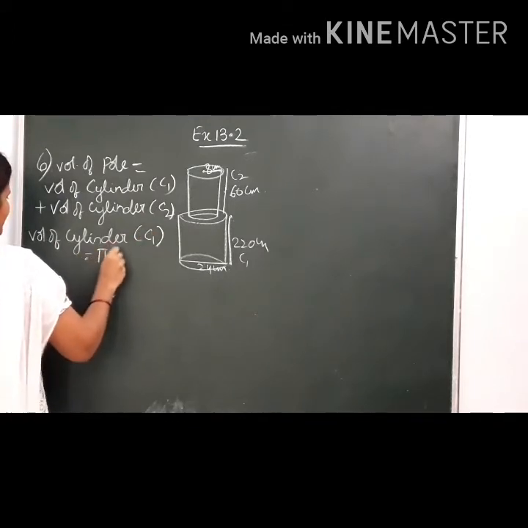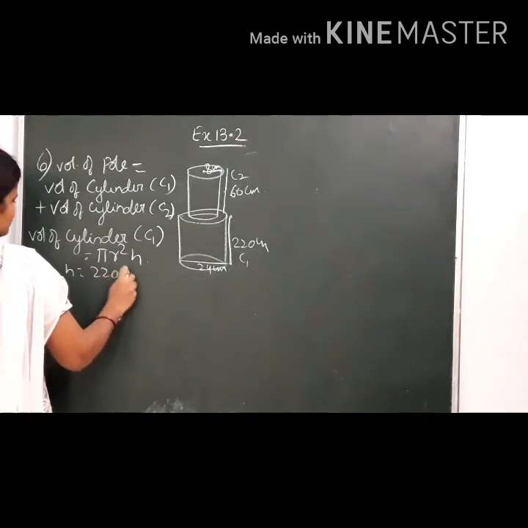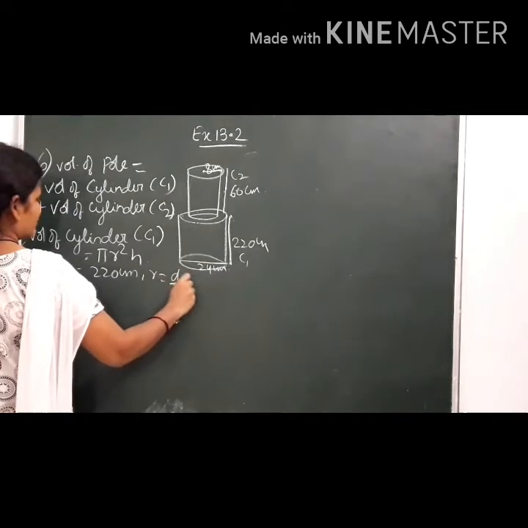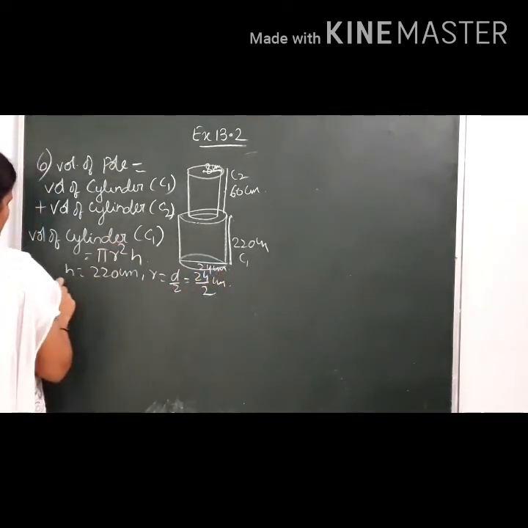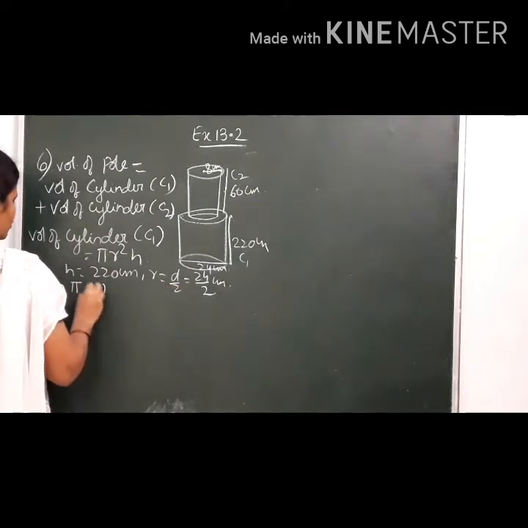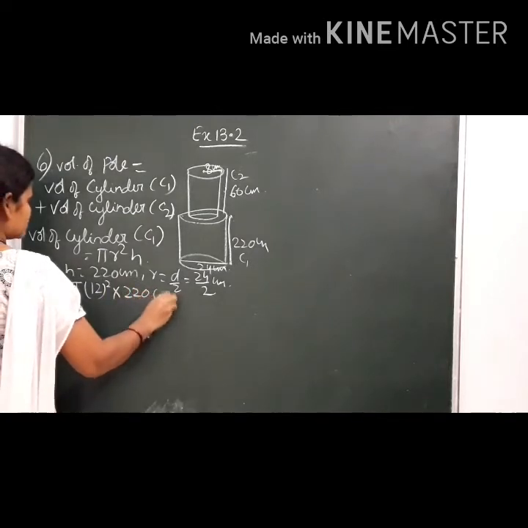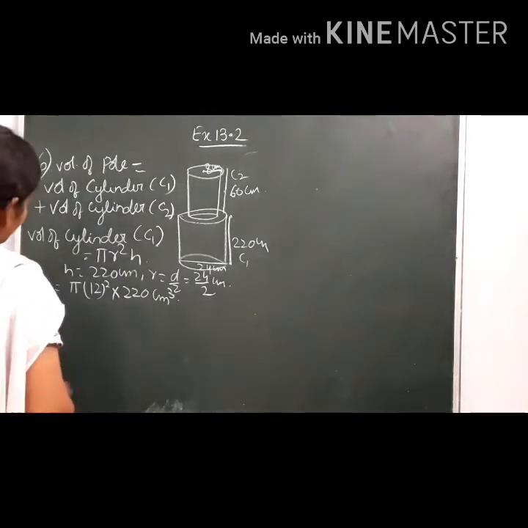Volume of cylinder is pi r square h. What is the h given here? 220 centimeter, and radius is equal to diameter divided by 2, that is 24 by 2 centimeter. So putting here, what we will get? Pi into 12 whole square into 220 centimeter cube. Okay. So the pi value is 3.14.